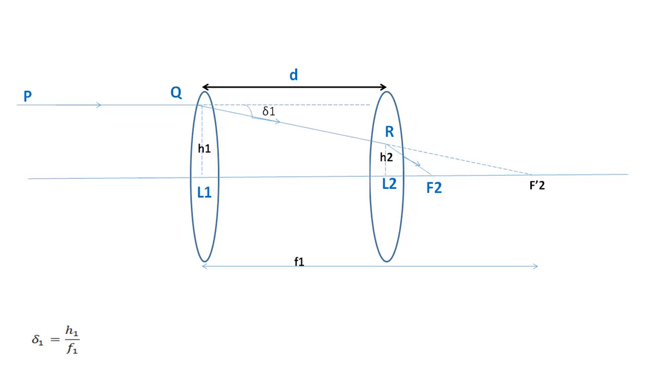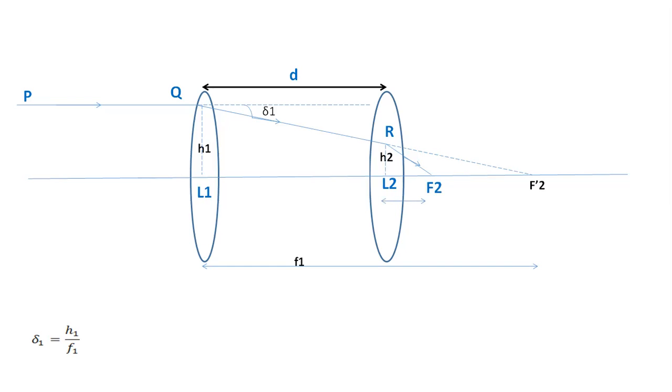In the absence of the lens L2, the light ray travels without any deviation. But due to the presence of the lens L2, it gets refracted and it meets the principal axis at F2. Therefore, you have to calculate the deviation produced by the lens L2 here.